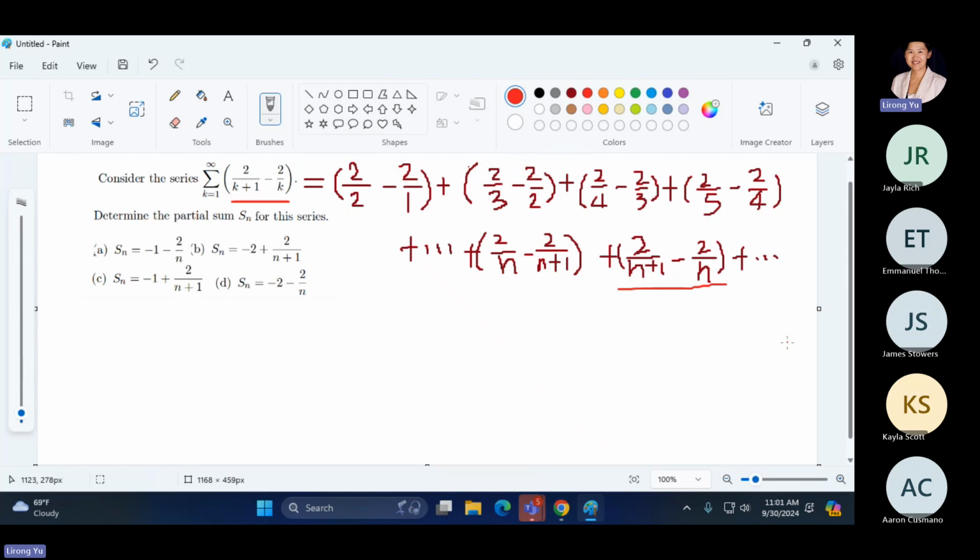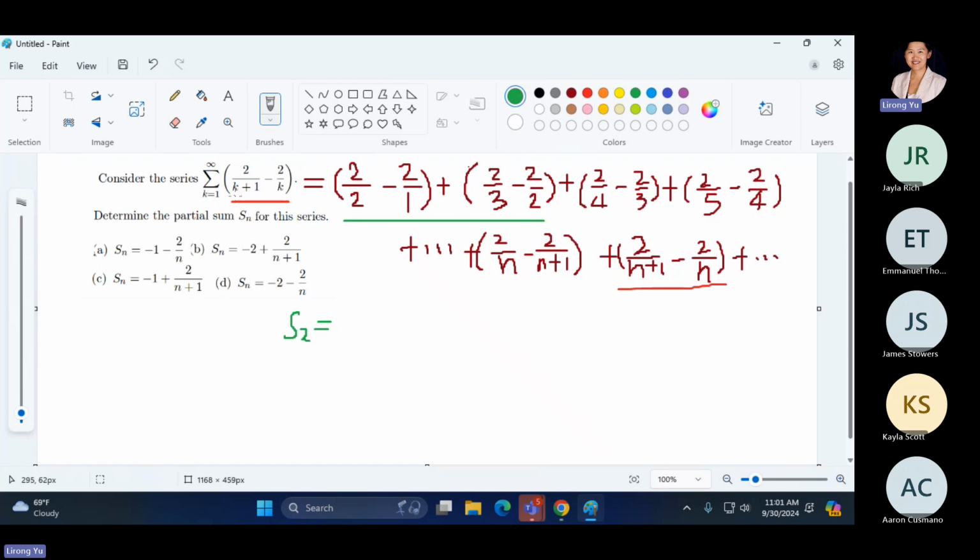If you are not sure how to derive S of n, you can start by deriving S of 2, S of 3, S of 4, and you're going to see the pattern. If we only calculate S of 2, that's the summation of the first 2 terms. K is the index in this case.